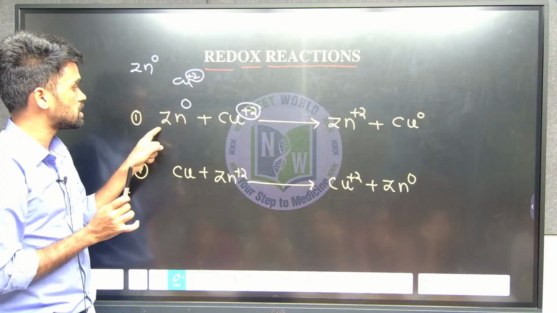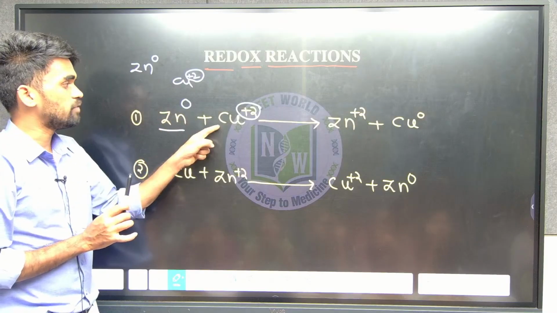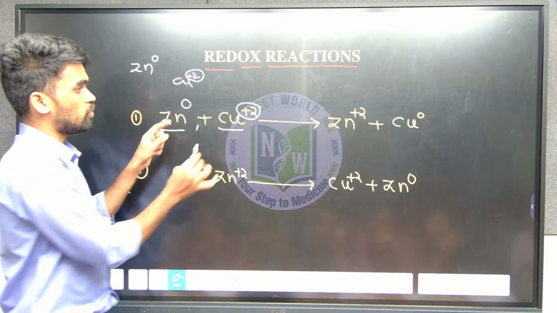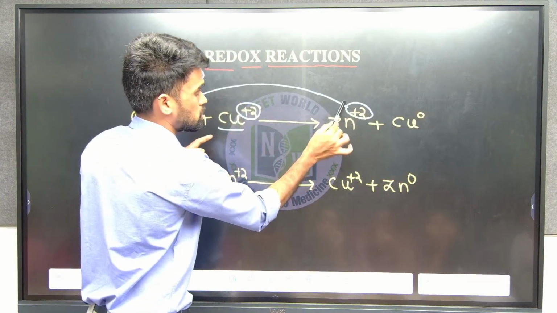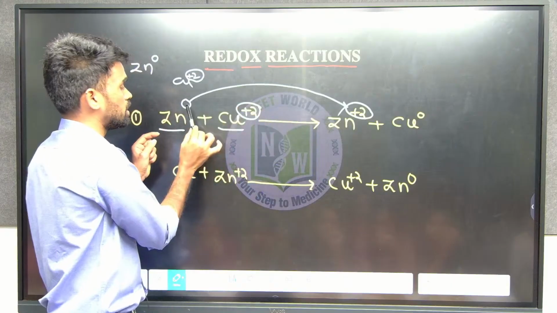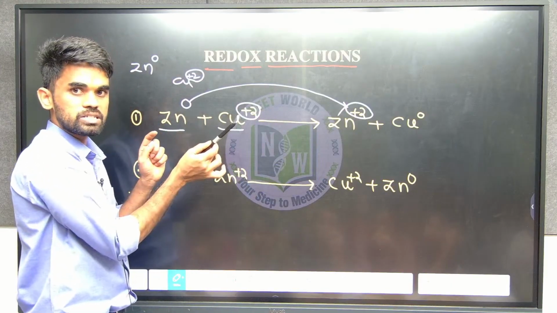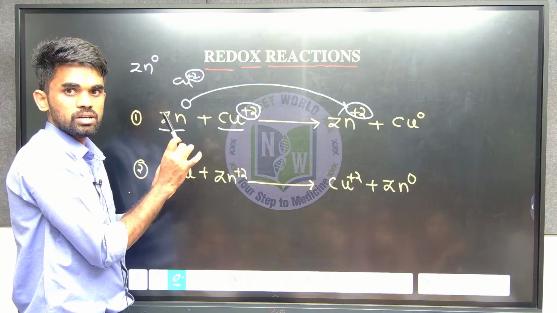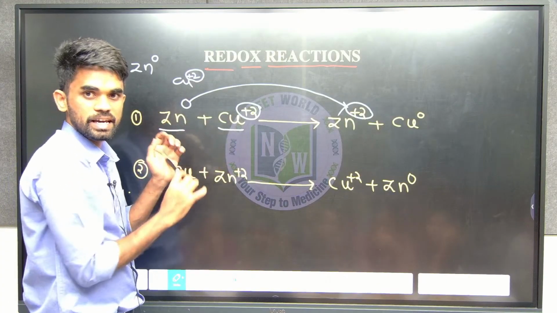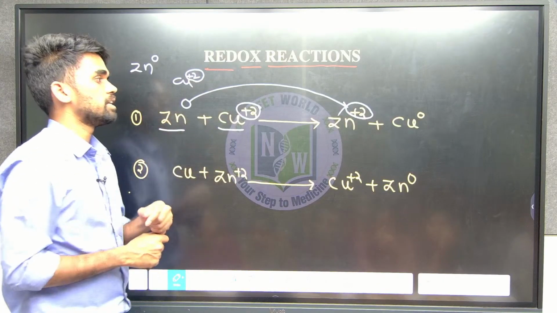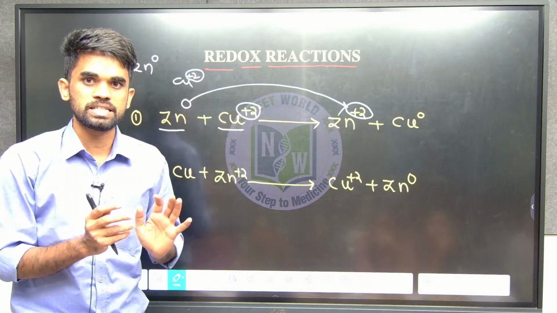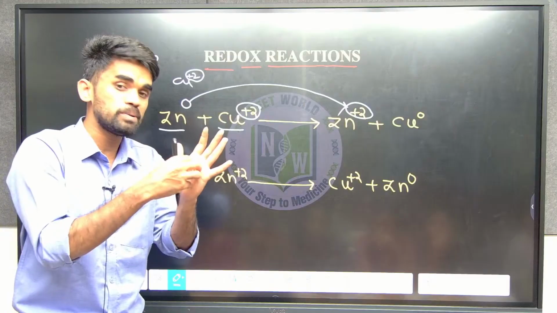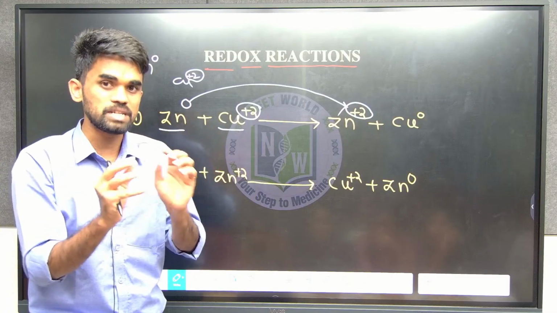Now what is the oxidation state of zinc here? And for this copper, it is becoming plus 2, 0 converted into plus 2. So what is this process called, losing the electrons or gaining the electrons? In chemistry, whenever a positive charge is developed, it means that species lost electrons.